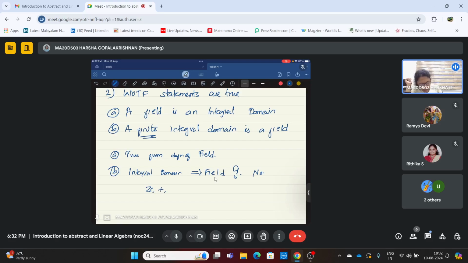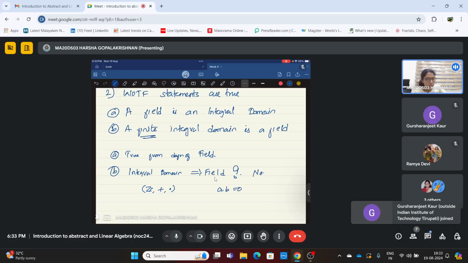Example is Z with the usual addition and multiplication. This is an integral domain. Obviously Z plus is a group, we know, and the ring structure also follows, and the unity 1 is also there. There will be no divisor of 0: a dot b equal to 0 means either a equal to 0 or b equal to 0.